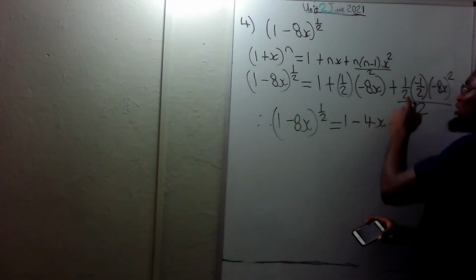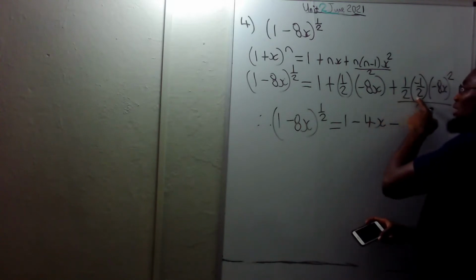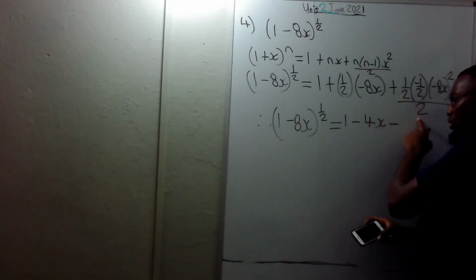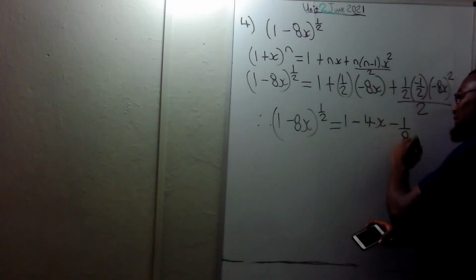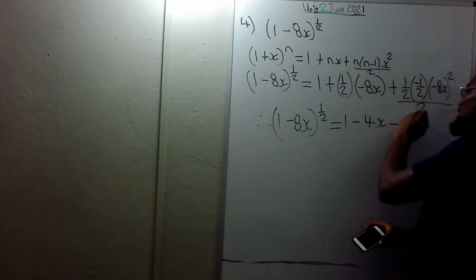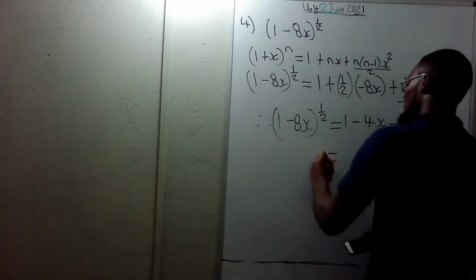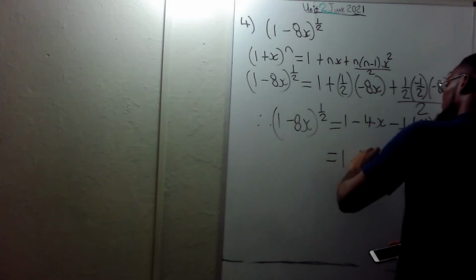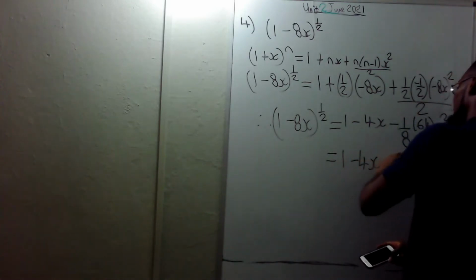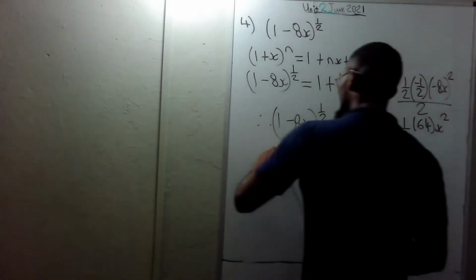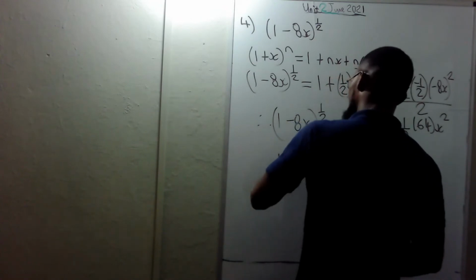Minus a half times a half is a quarter, a quarter over 2 is minus 1 over 8, times 64x squared. That works out to be 1 minus 4x minus 8x squared. That's (1 minus 8x) to the half.